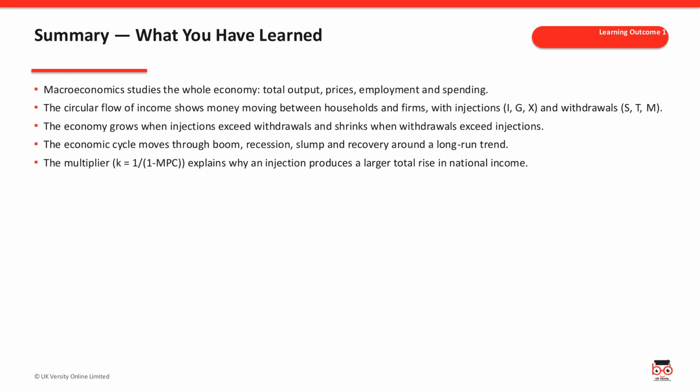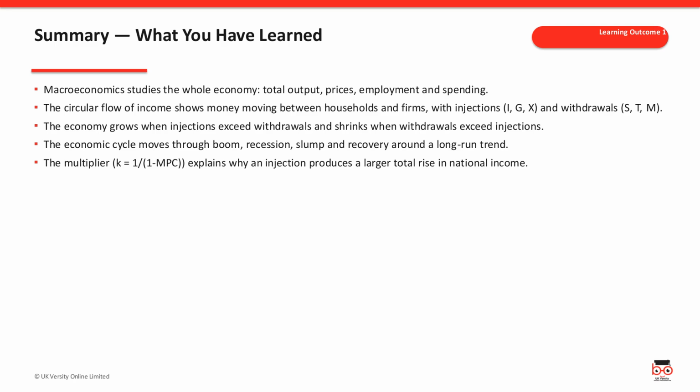To recap what we've covered, macroeconomics looks at the whole economy, its output, prices, employment, and spending. The circular flow of income tracks money between households and firms, with injections of investment, government spending, and exports set against withdrawals of savings, tax, and imports. The economy grows when injections win and shrinks when withdrawals do, moving through boom, recession, slump, and recovery around a long-run trend.